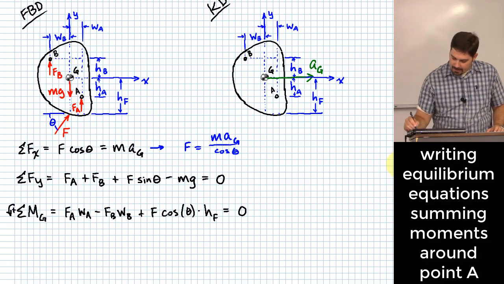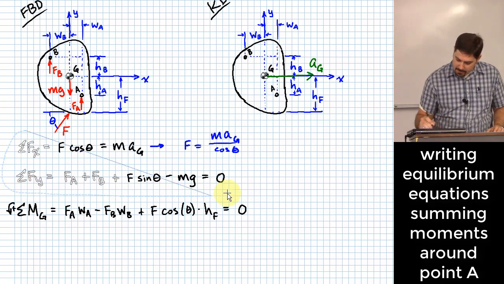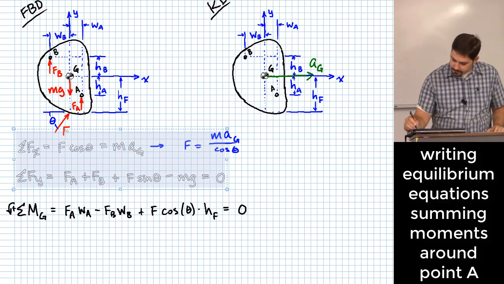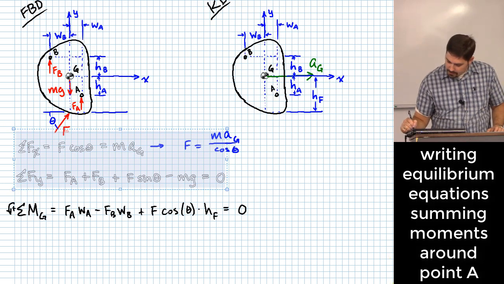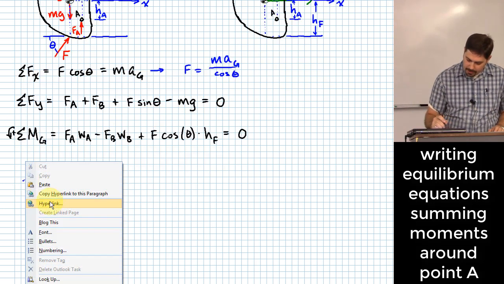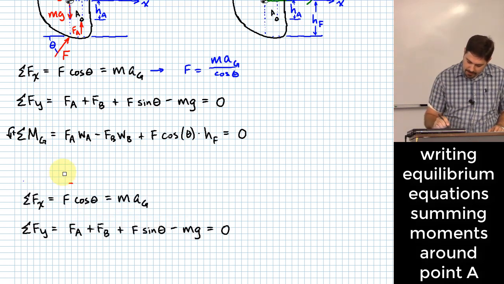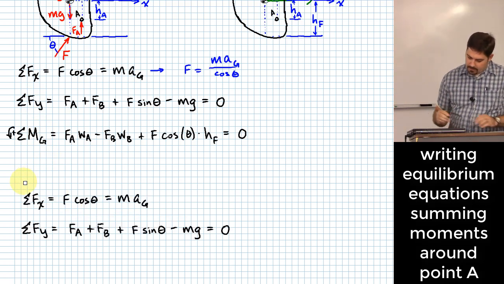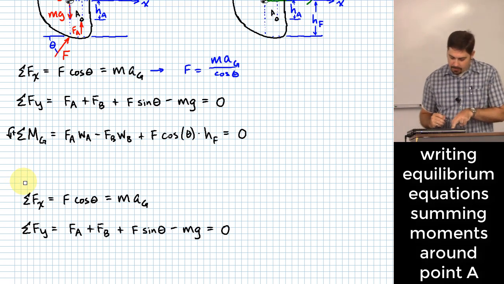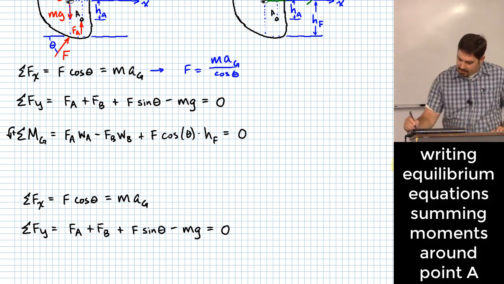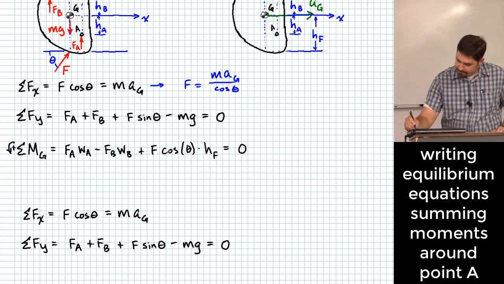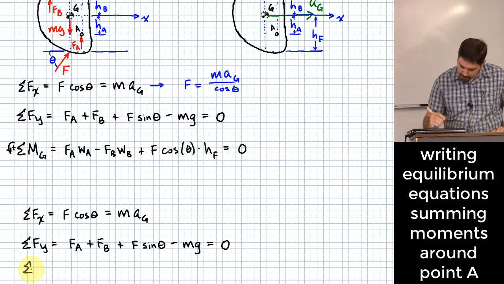So I could set up these same equations with this other orientation where we're looking at around point A instead of around point G. The only thing that changes now is my moment equation. And what does the moment equation look like?